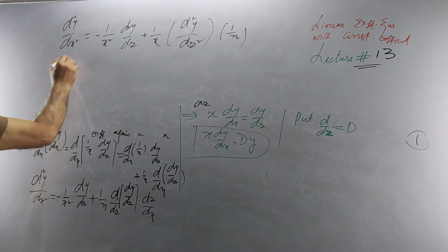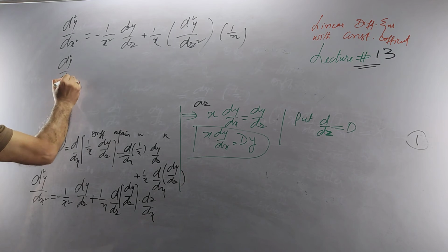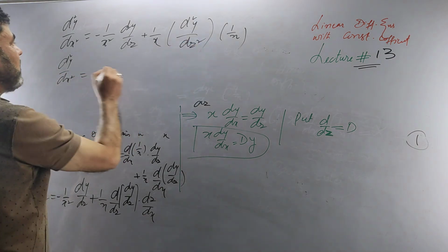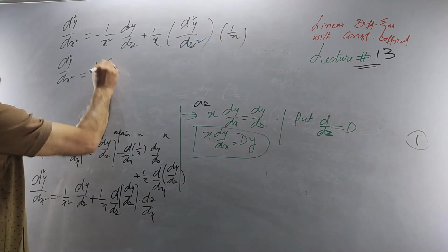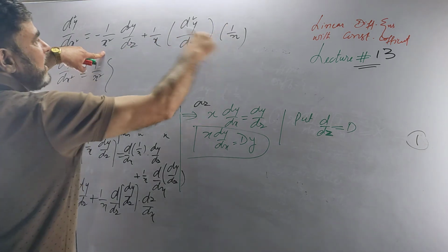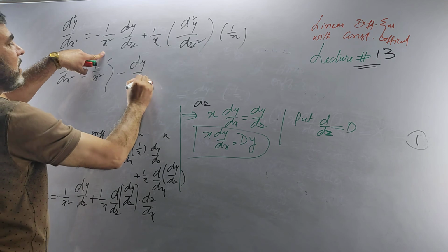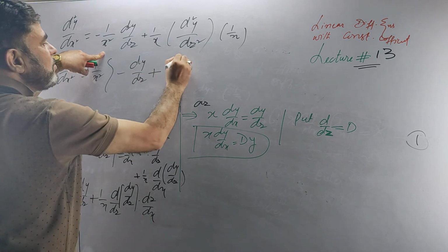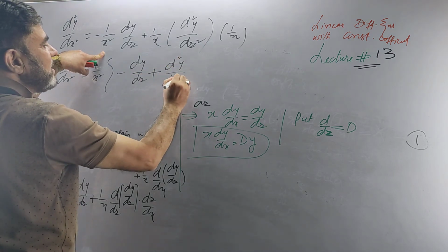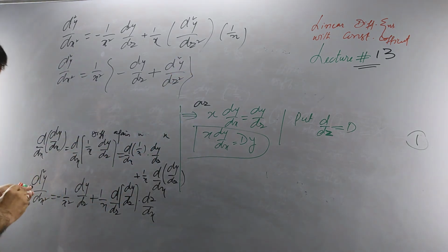So this is d2y by dx square, equal to, I can take 1 by x square out because this is 1 by x, 1 by x, 1 by x square. This is minus dy by dz. This is your plus d2y by dz square.